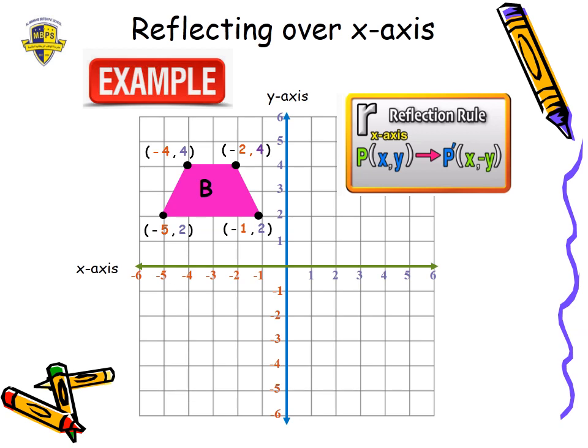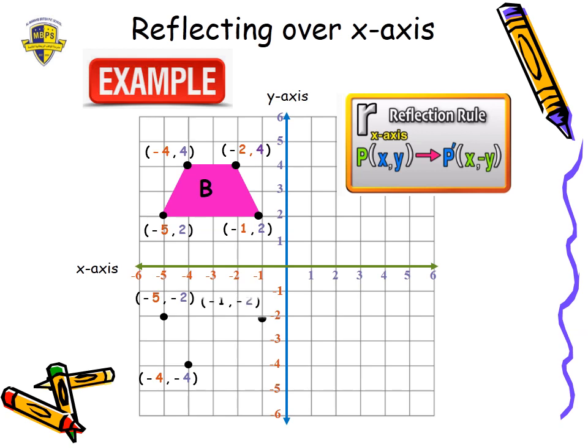X is the same, we will not change x. Y will be minus. So here it will be minus 5, minus 2. The second one, minus 4, minus 4.